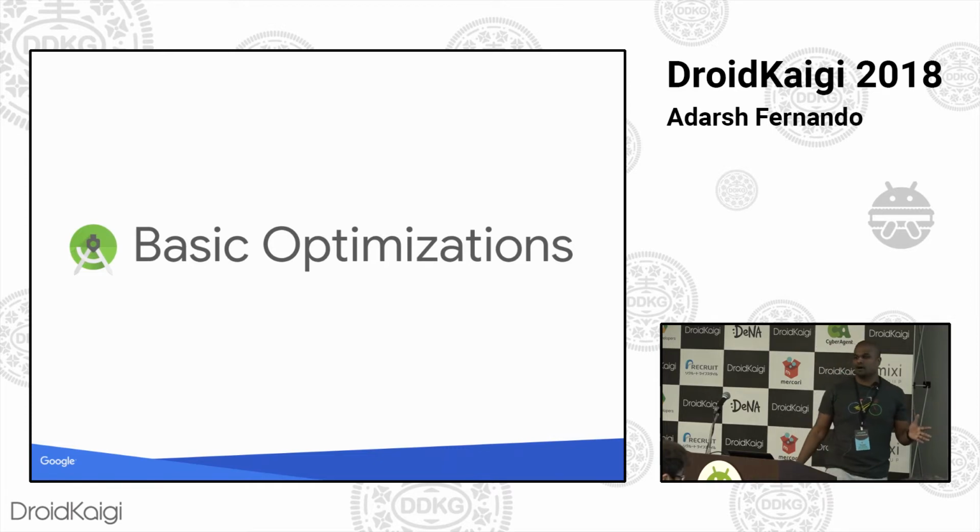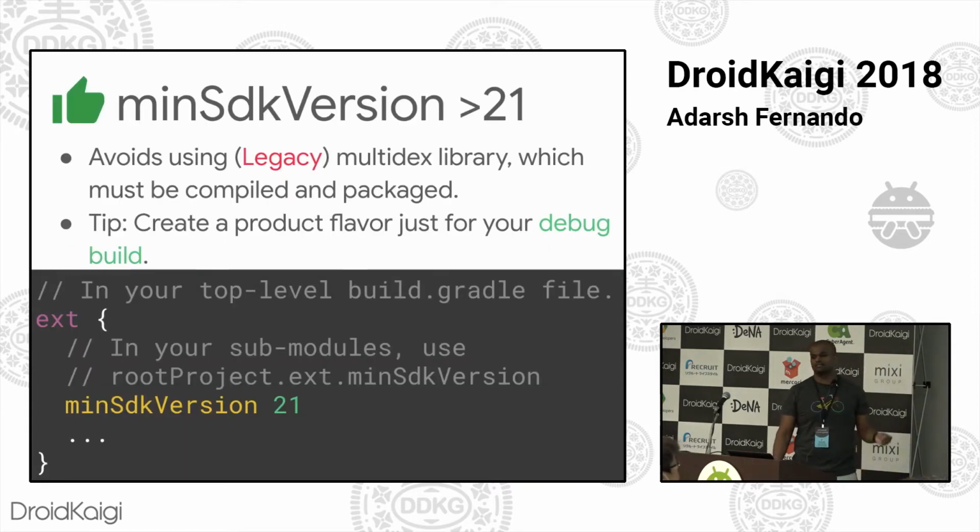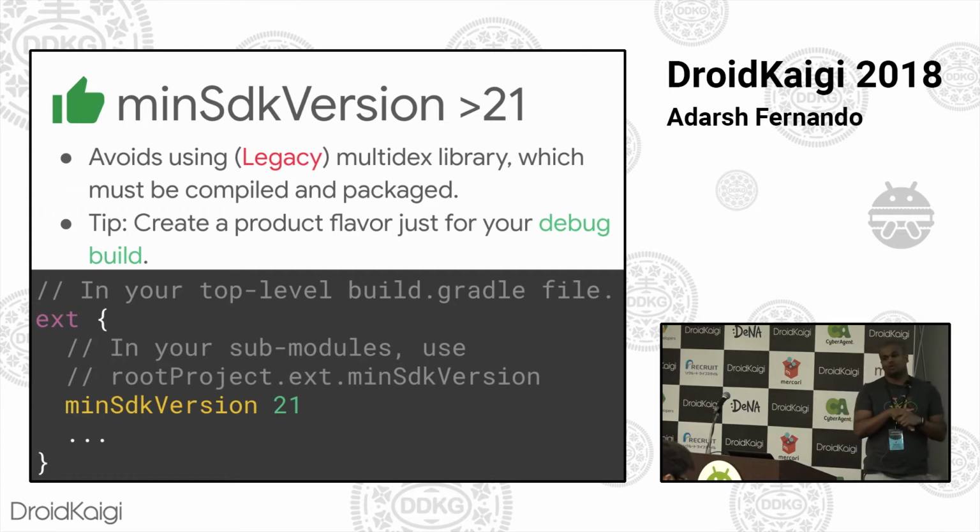There are some basic optimizations you can do before we even upgrade the plugin version, which you can probably do sitting at your seat right now on your laptop. The first one is min SDK version. Sorry, I made a mistake there. That should be 21 or higher. Set your min SDK version to 21 or higher, because that avoids legacy multi-dex. The dex format has a limit of indexing 64,000 methods, but apps exploded in complexity.